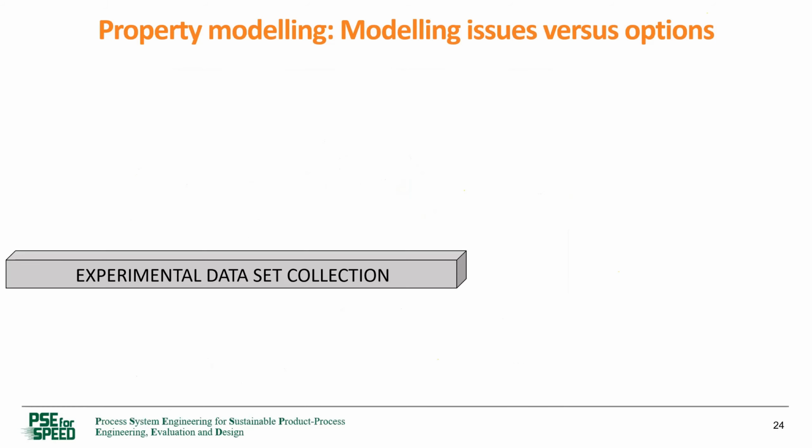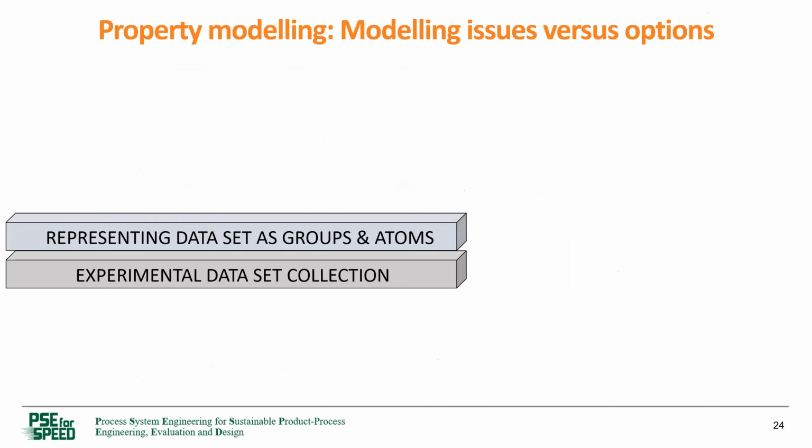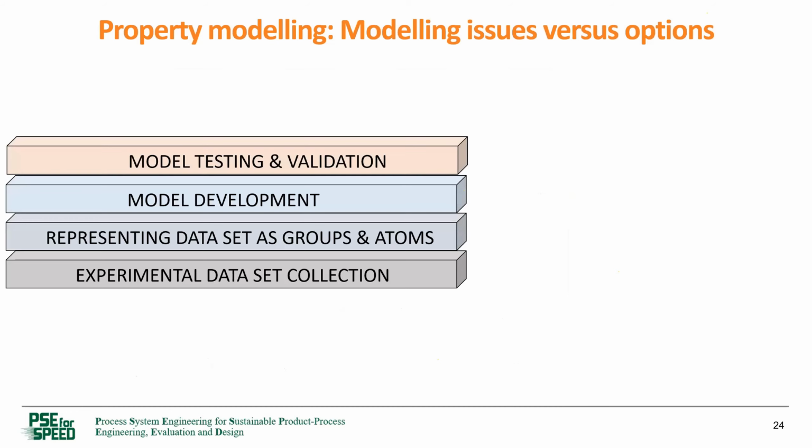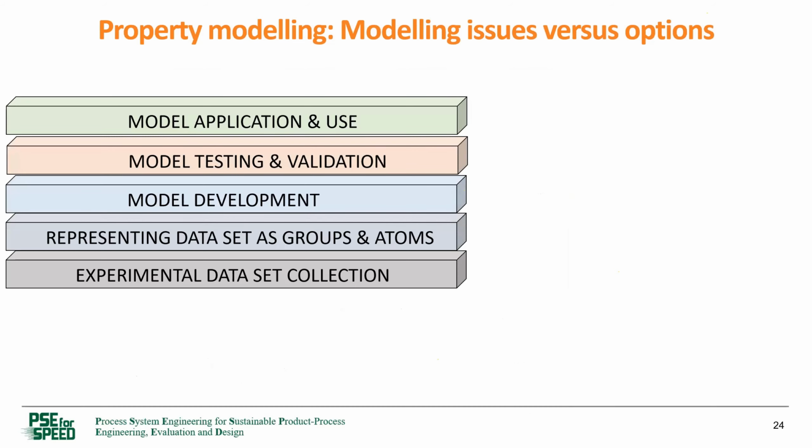So the first step is experimental data set collection, representing the data as a set of groups and atoms. Then model development, finding the expression for the model, testing and validation, and model application and use.